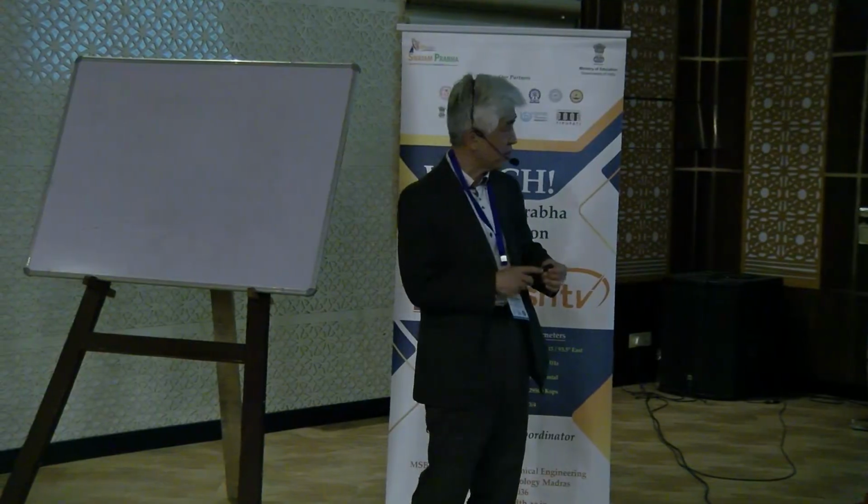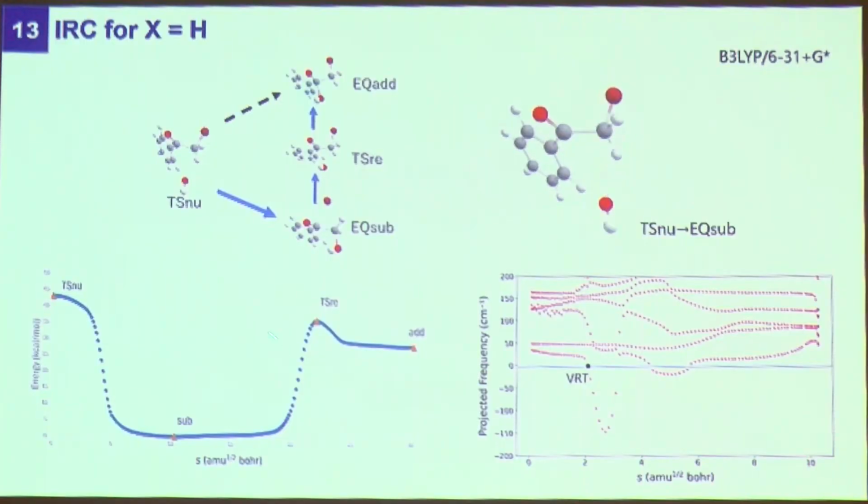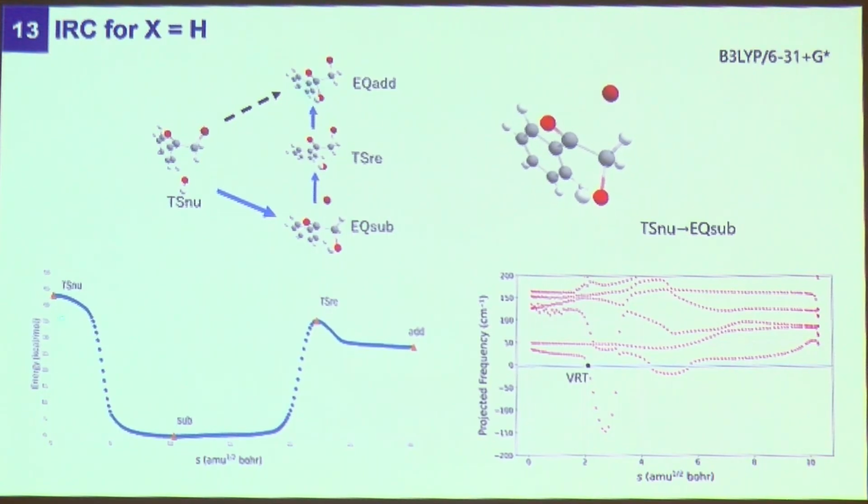We distinguish these two concepts. So in this case, people think the reaction proceeds in a stepwise manner. So once EQ sub is produced, then it changes to EQ add. But from the viewpoint of bifurcation, it goes directly to EQ add.